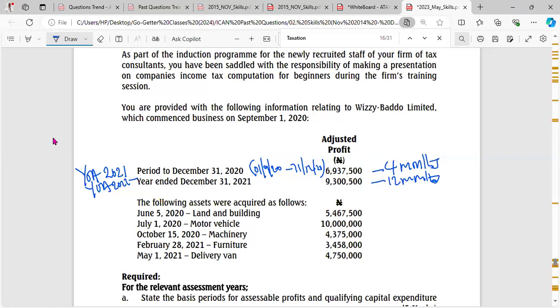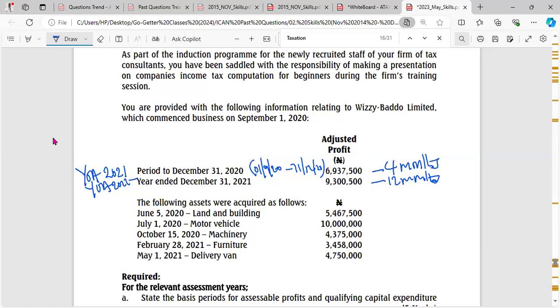And the law says whenever there is an overlap, the period of overlap belongs to the first period that it occurred.